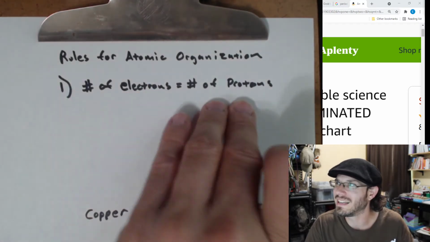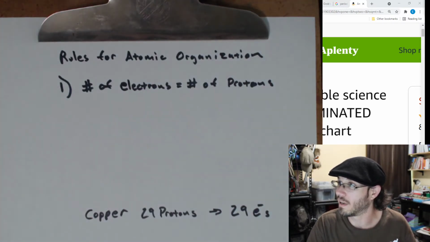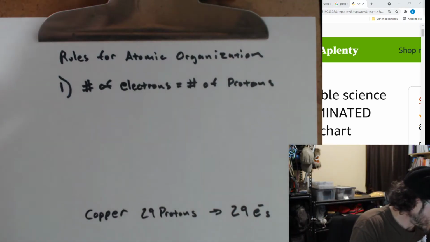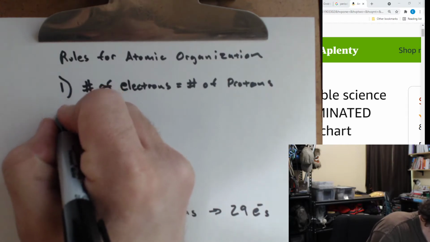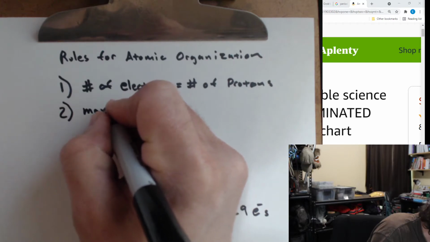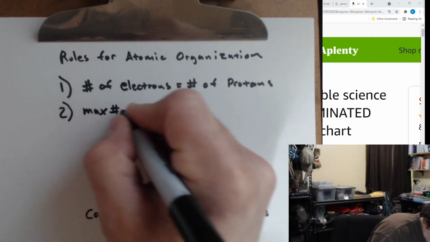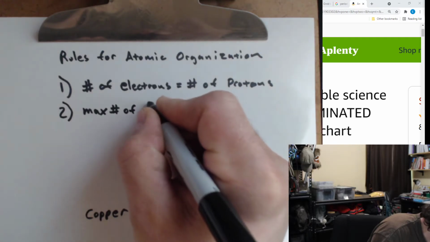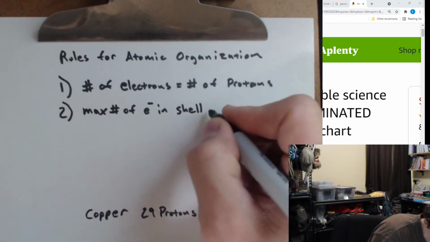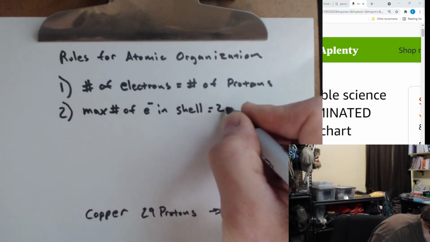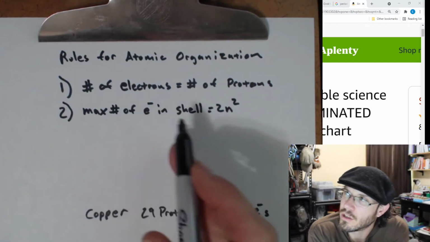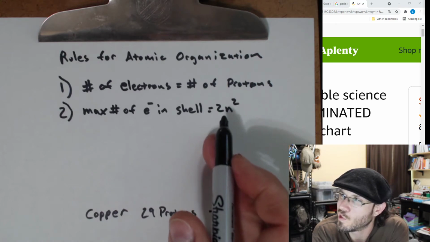All right, well, rule number 1 did not help us out with that organization of the electrons. So we need another rule. Okay, the max number of electrons in shell equals 2n squared.